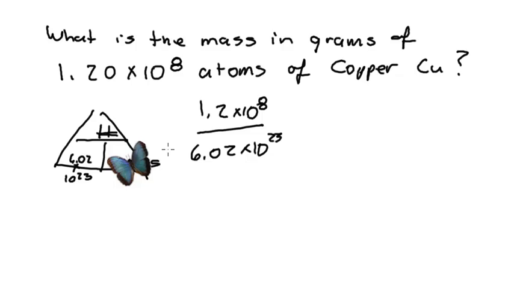So number of atoms divided by 6.02 times 10 to the 23rd will get me the number of moles.